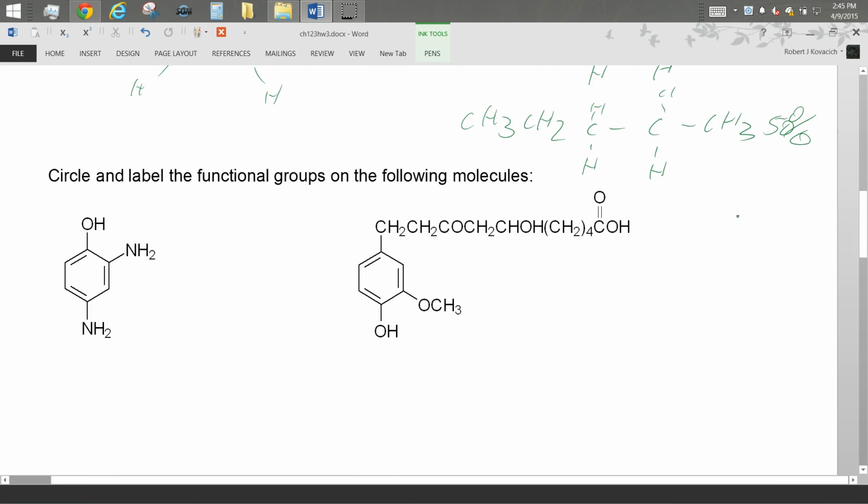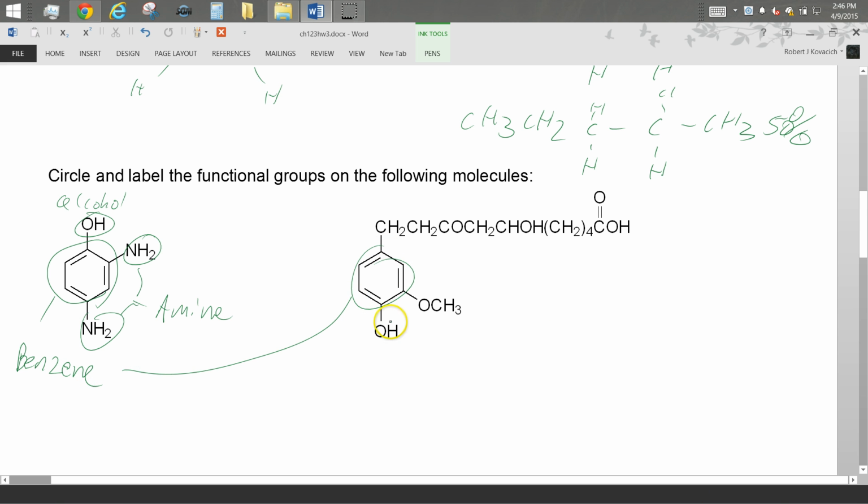So functional groups. So what's this? This one? This one? This thing? How about this?